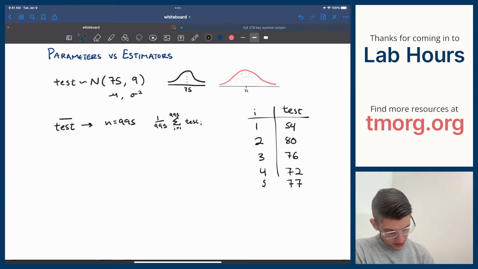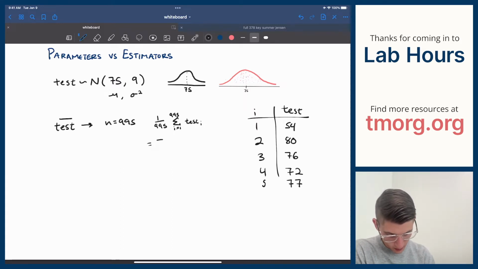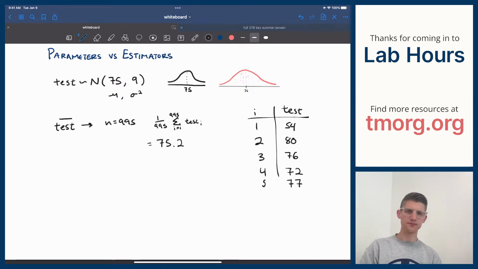So let's just say, for example, that my test bar mean was equal to, let's say, I don't know, 75.2, something like that, okay? That'd be pretty cool.